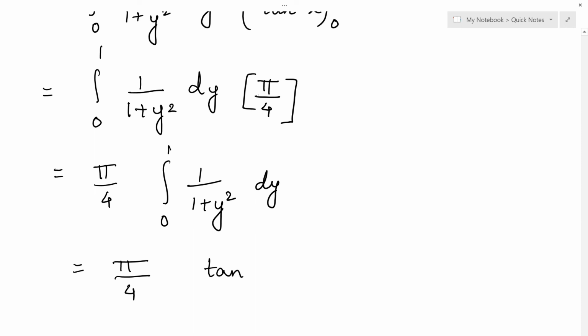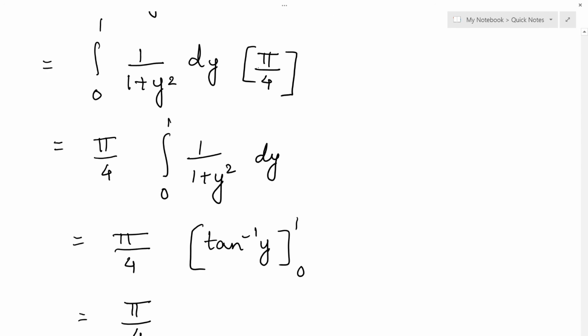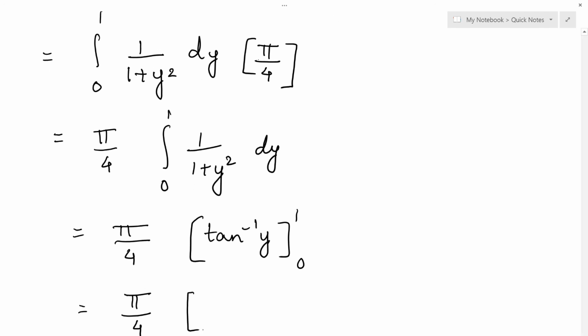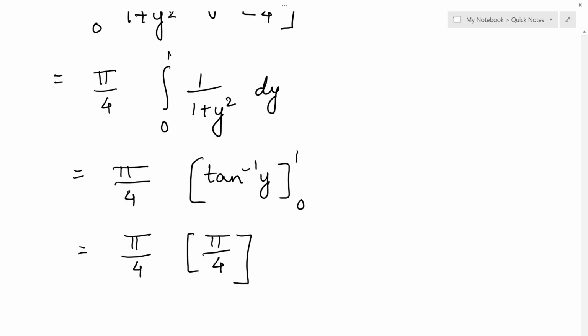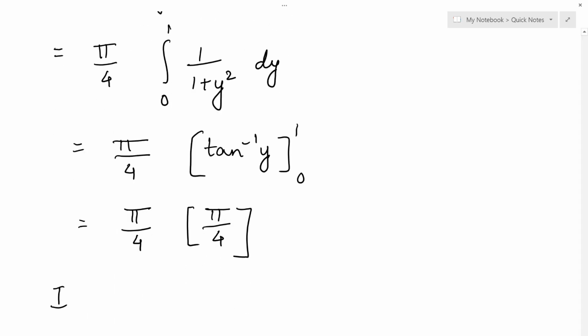The answer is tan inverse of y, and the limits of integration are 0 to 1. So if I substitute the limits, that will be tan inverse 1 minus tan inverse 0. Tan inverse 1 is pi by 4. So again the answer for this will be pi by 4. So final answer will be pi square by 16. Okay. So this is your final answer, pi square by 16.